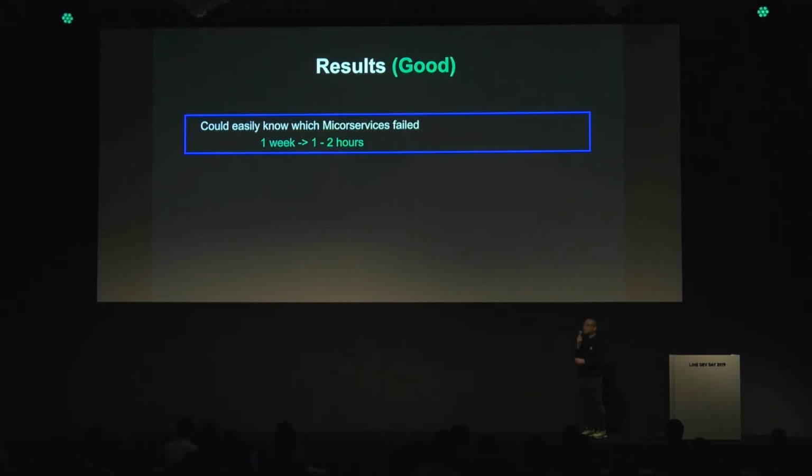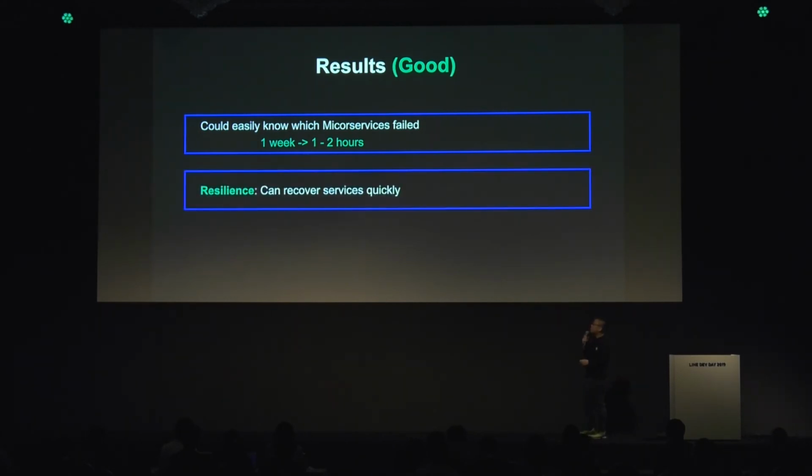But by knowing from Zipkin where the problem is happening, we were able to reduce the problem-solving time to 1 to 2 hours, and I think we can reduce this further. If we can detect and diagnose the problem early, we can recover quickly. So resilience also improved. Don't you think this is dramatic?